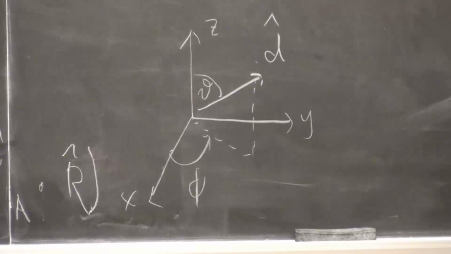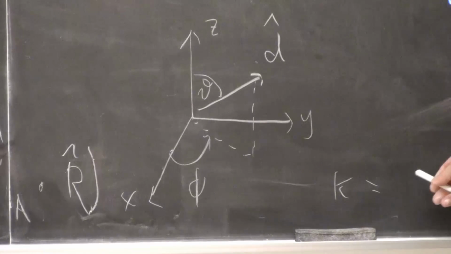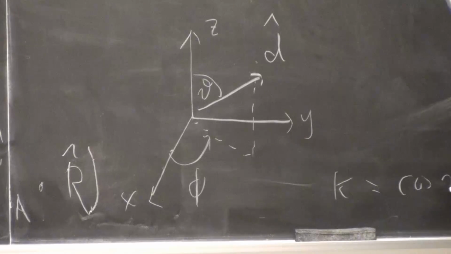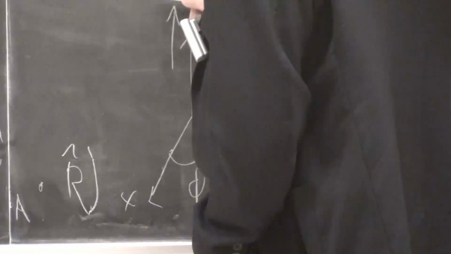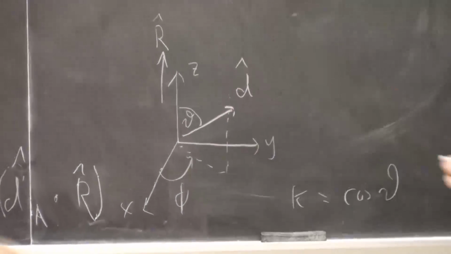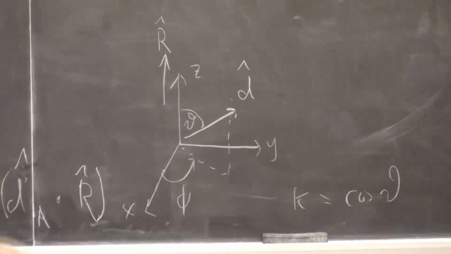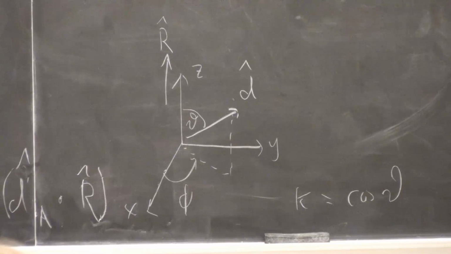Then this quantity kappa can be written as cosine theta, and I make this one here parallel to R. So I choose R in the z direction. Since I can choose any coordinate system I like, it shouldn't depend on the coordinate system, or there's something wrong with my formula, I can choose R to be the z-axis.